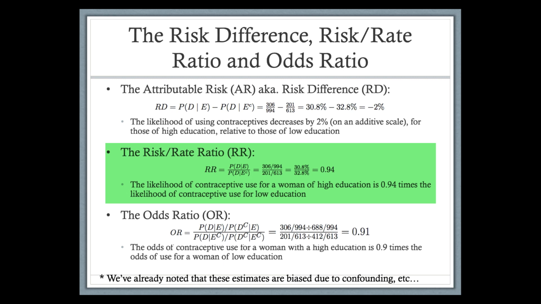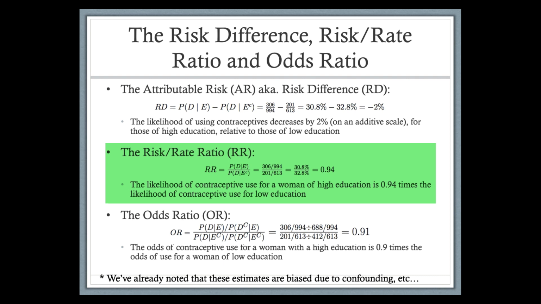But we can say that the likelihood or the chance of using contraceptives for a woman with high education is 0.94 times the chance of using contraceptives for someone of low education. Or we can say that women of high education use contraceptives 94% as often as a woman of low education.